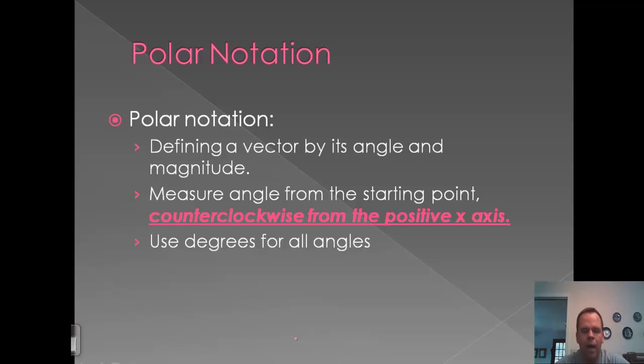We need a common way to think about these angles, and the way we use is we always start from the positive x-axis and go counterclockwise, so the angles can be anywhere from 0 degrees to 360 degrees. So something going down the positive x-axis, directly to the right, would be 0 degrees, and then the further we get away from the x-axis, going counterclockwise, would give us our angle.